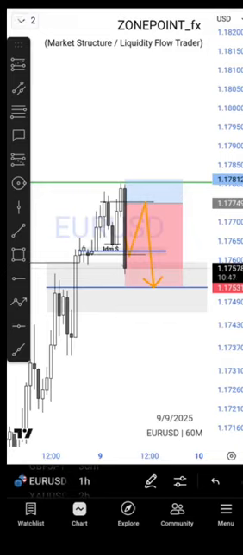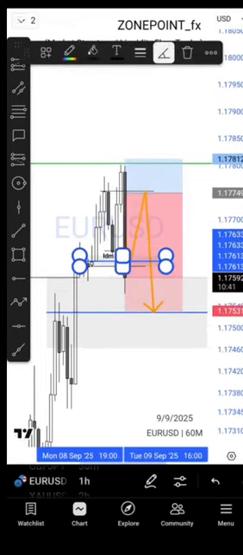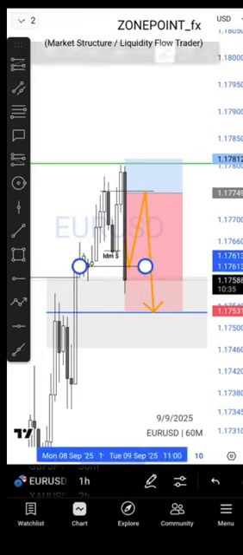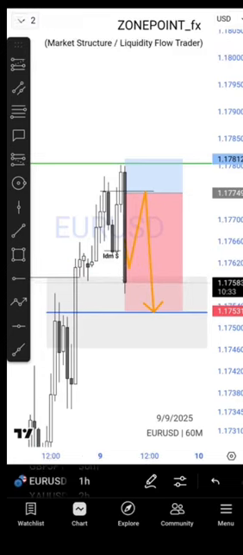Price did what? Stuck to it like glue, like a magnet. Let me just delete this so that it will not confuse people. So you see how price glued to that place like a magnet.